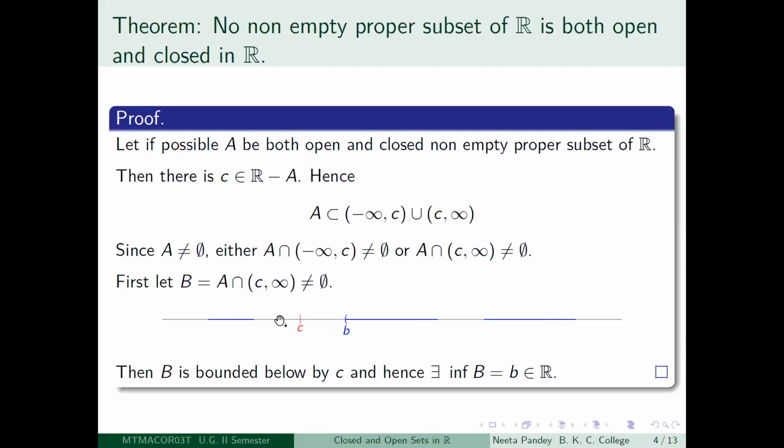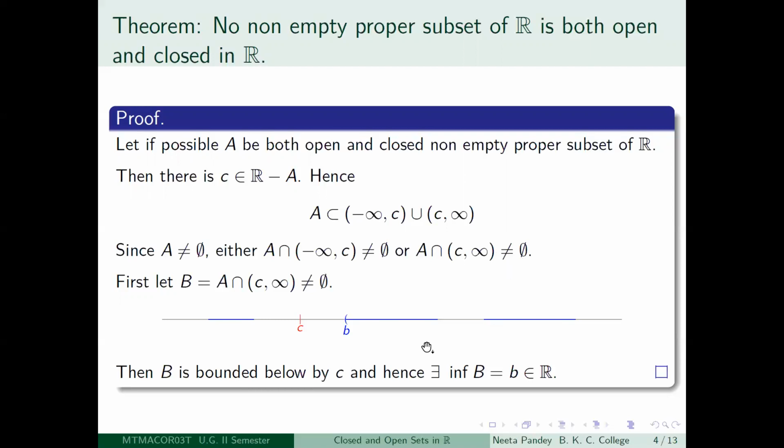Okay, so A is non-empty, so it means either its intersection with minus infinity to C will be non-empty, or its intersection with C to infinity will be non-empty, or it may intersect both the segments. That is what we have written here.